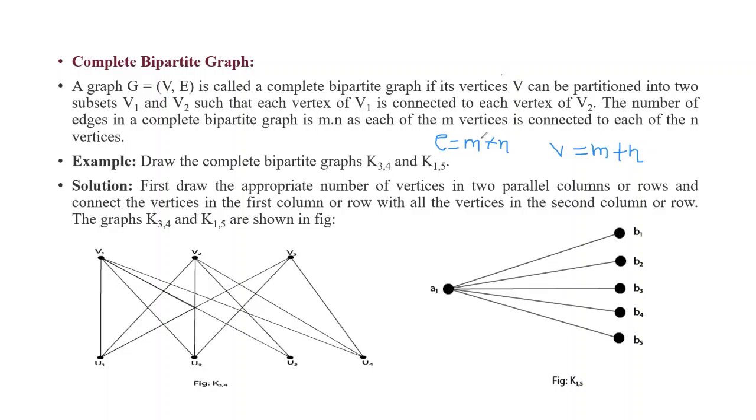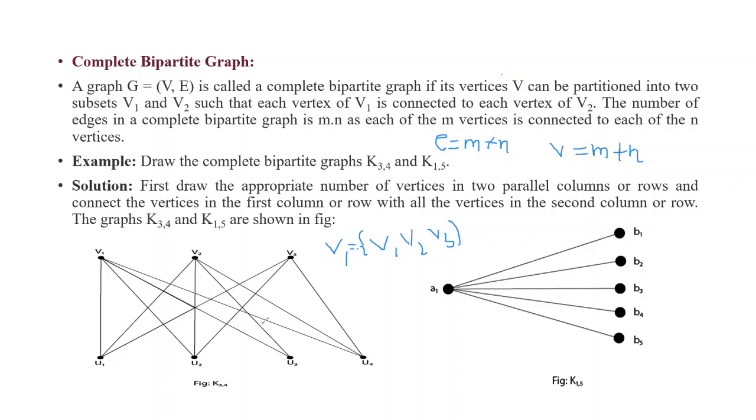So these are examples of a complete bipartite graph. These are the three: this is V1, with V1, V2, and V3.